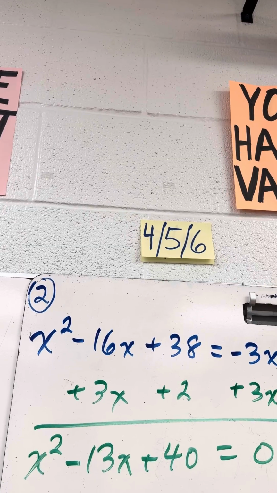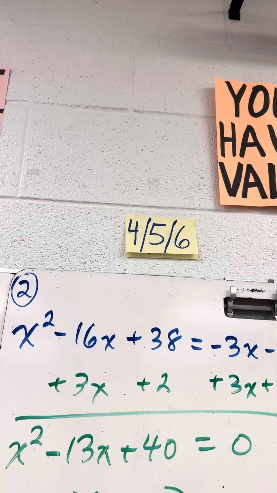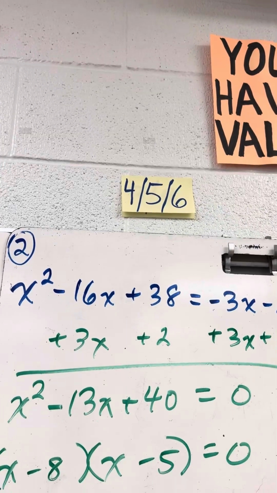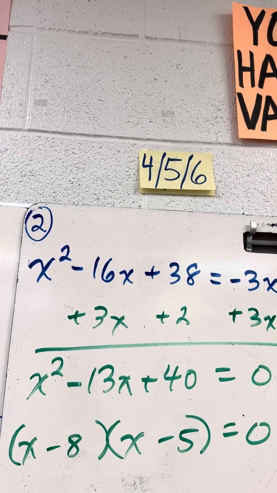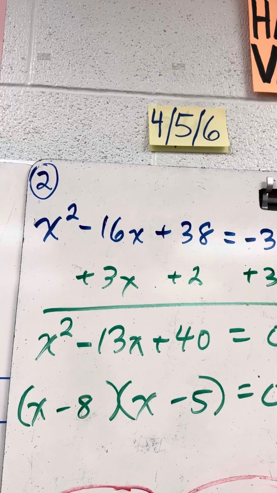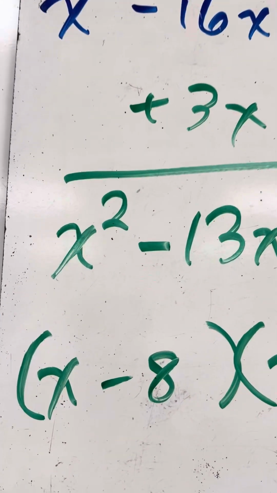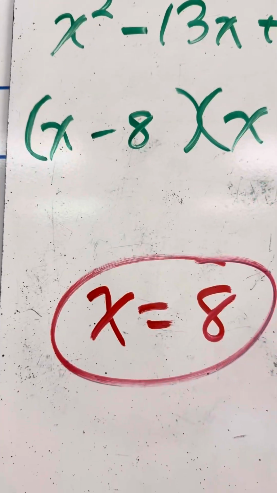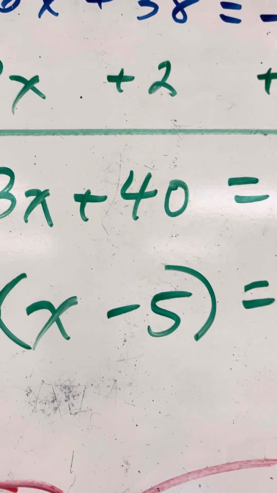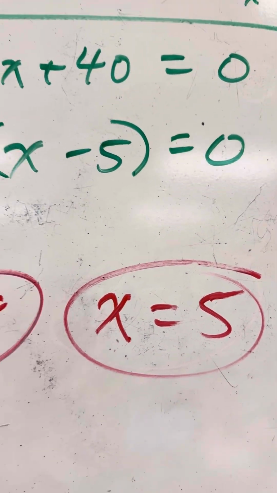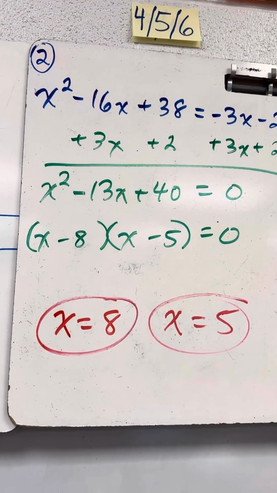What times what equals 40 that added together equals negative 13? Negative 8, negative 5. So I invite you to go ahead and skip the rest, because if x minus 8 equals 0, you're going to get x equals positive 8. If x minus 5 equals 0, you're just going to get x equals 5. Okay?